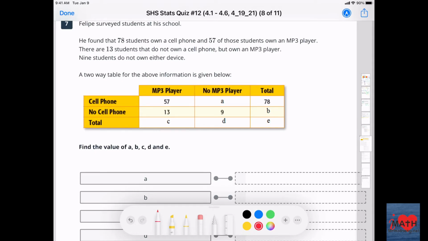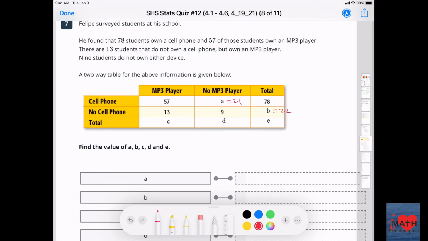Okay, so in this problem, just take your calculator and just do a bunch of subtractions. So to figure out A, I'm just going to subtract 78 minus 57, and that gives me 21, right? 57 plus 21 gives me 78. 13 plus 9 gives me 22.